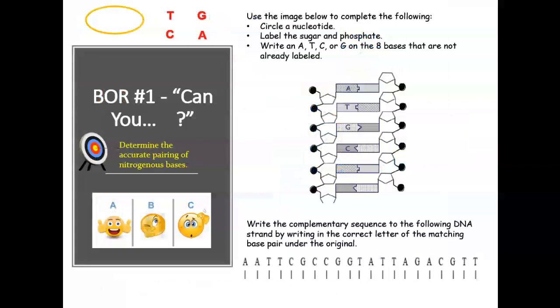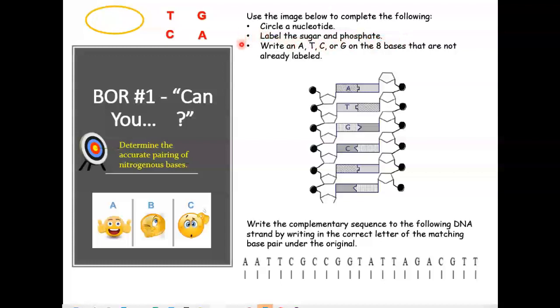The first thing to do in order to hit the main target is to focus on determining the accurate pairing of nitrogenous bases. Again, I feel pretty confident that you're able to do this. We've discussed it in class. You showed me that you could do it. So all I'm going to do at this point is summarize what you guys completed in class as a group. The first thing we're going to focus on is to circle a nucleotide. We're going to label the sugar and the phosphates that you would find in the DNA backbone.